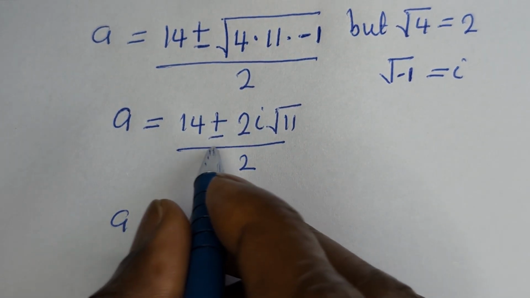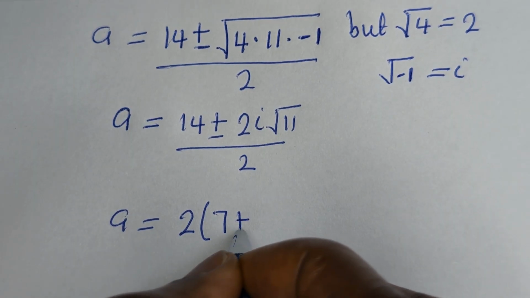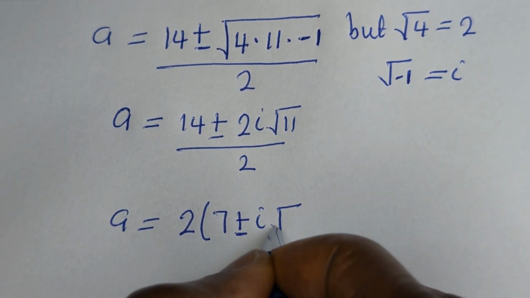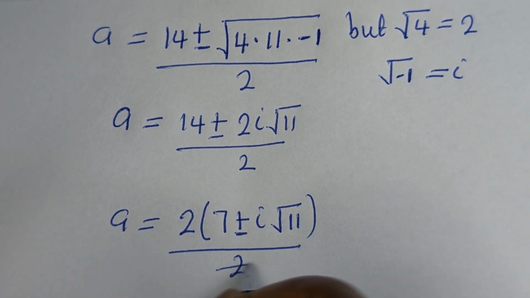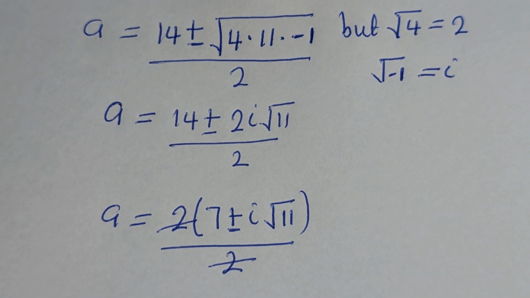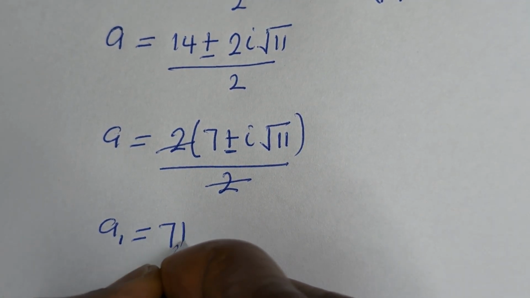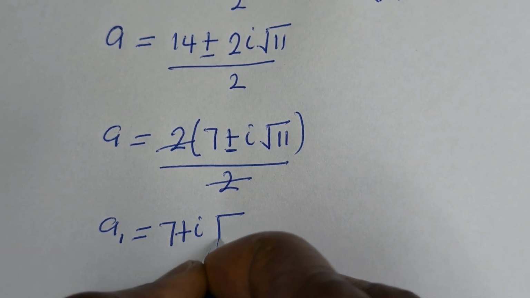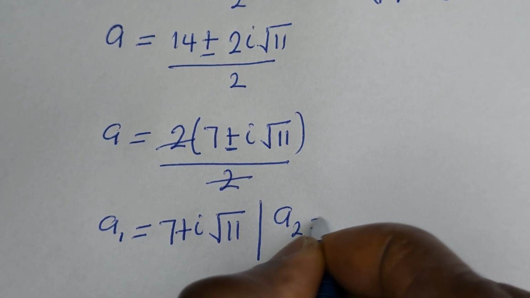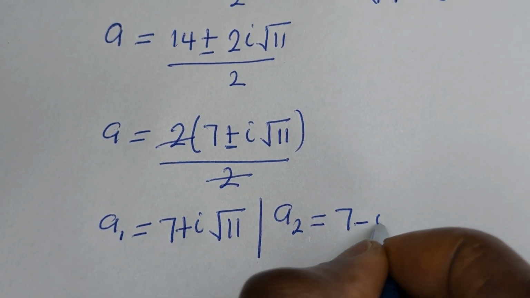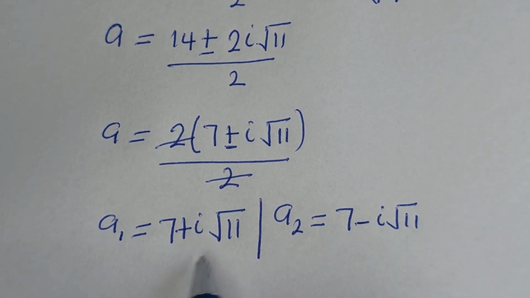A is equal to 2 bracket 7 plus or minus I square root of 11 over 2. These two cancel these two. A1 is equal to 7 plus I square root of 11. Then A2 is equal to 7 minus I square root of 11. These are the values of A1 and A2.